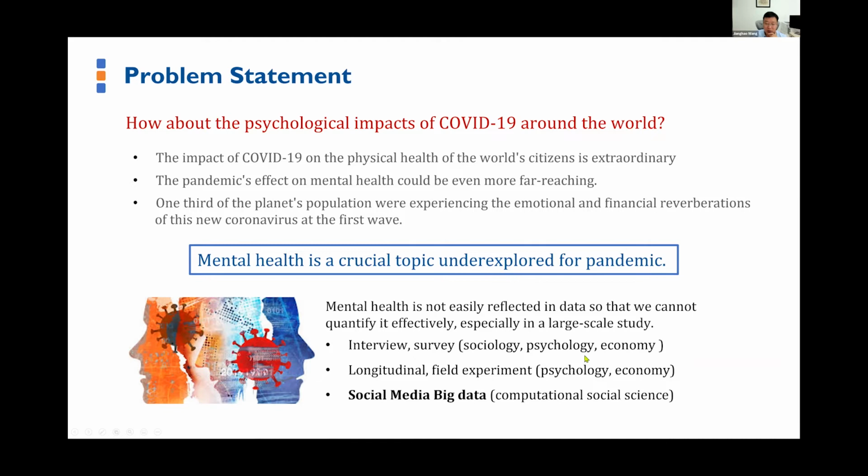Also, several psychologists and economists do field experiments, for example, conducting randomized controlled trials, RCTs, to study the impact of the pandemic on mental health. But here we try to use social media big data.